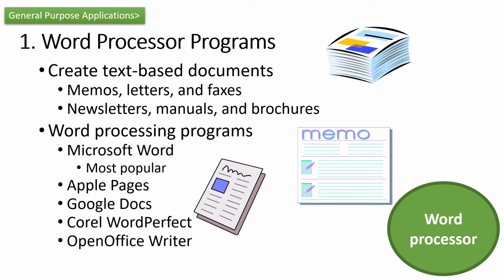Word processor program is very common, and as a student that uses a computer, you have been using word processor programs for years. The very famous example is Microsoft Word. You can see other examples here: Open Office, Apple Pages, and Google Docs are all word processor programs.